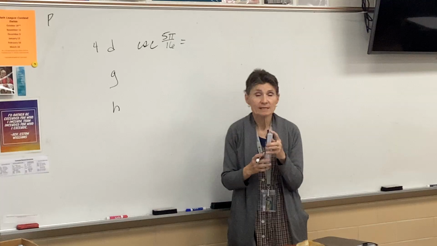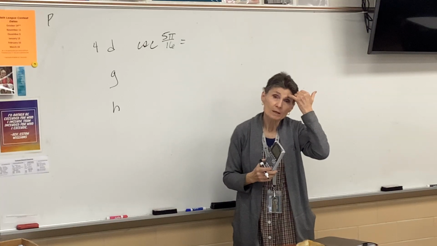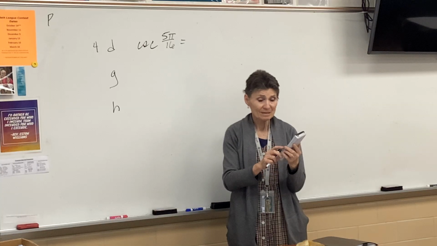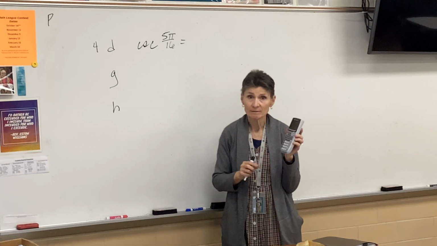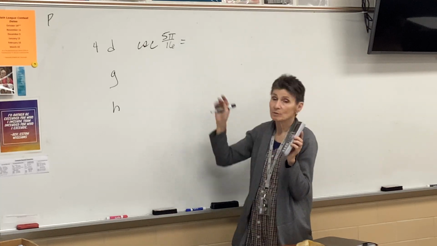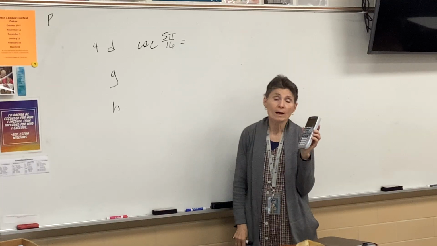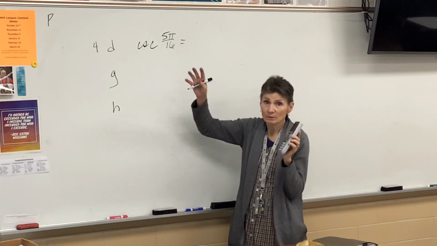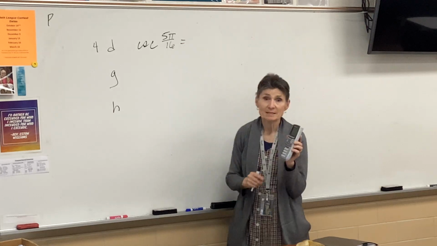I don't have a cosecant button, and neither do you. So to get a cosecant, we're going to do 1 divided by sine, because that's what cosecant is. Look at your green sheet. 1 divided by sine, and then I'm going to type 5 pi divided by 16.